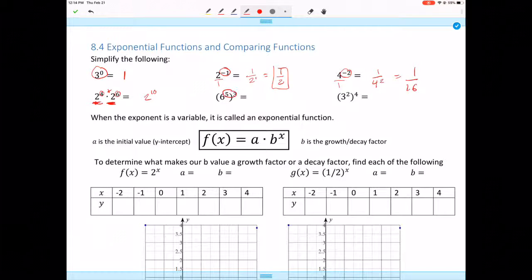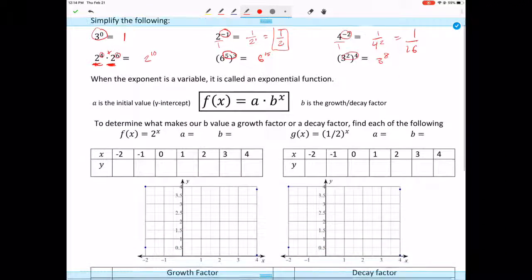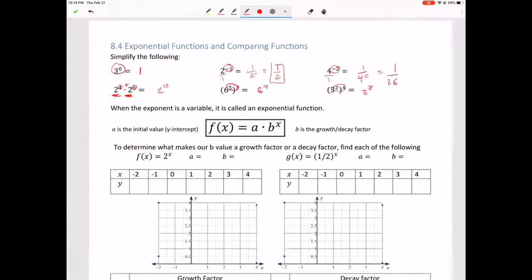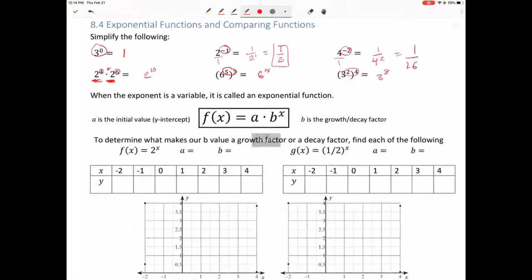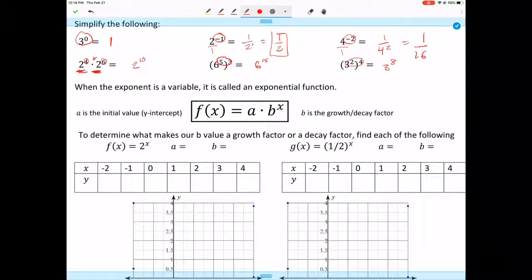If we have a power inside of a power, we multiply the exponents, so 6 to the 15th, or for this one we'd have 3 to the 8. Okay, so that's just a quick review on exponent rules.